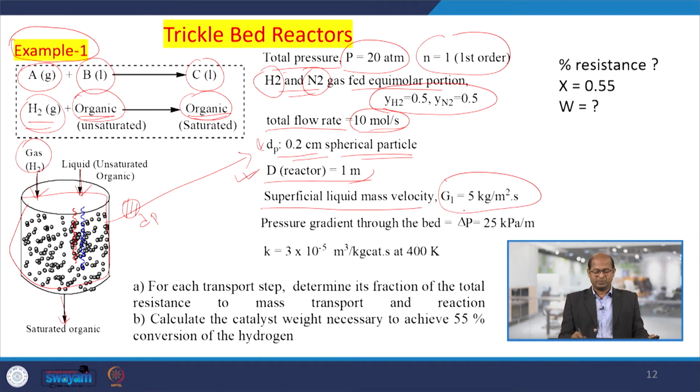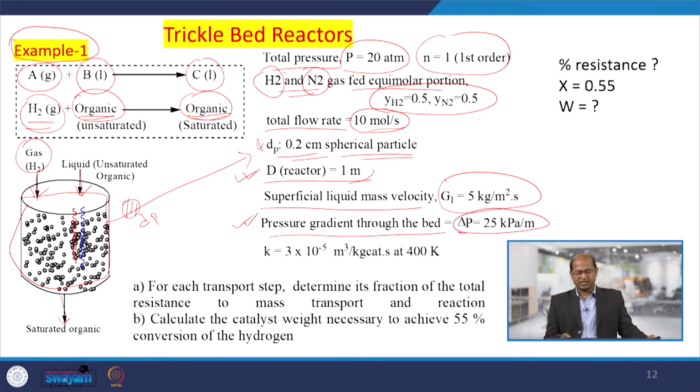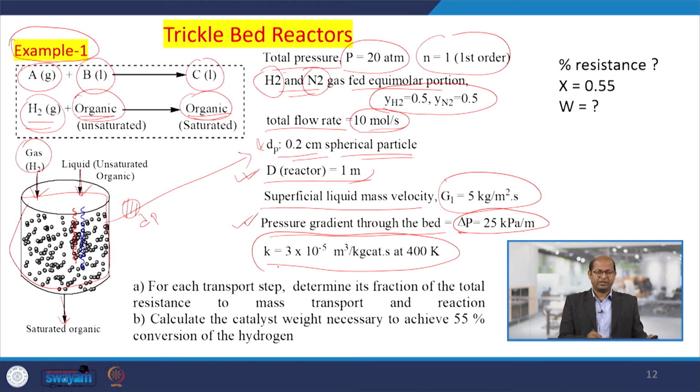Okay. So, the superficial mass velocity for the liquid is given, and the pressure drop per unit length inside the bed, delta P by delta L, is equal to 25 kilopascal per meter. Okay. And k is the reaction rate constant at 400 Kelvin.